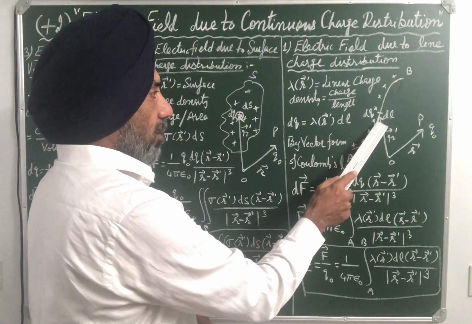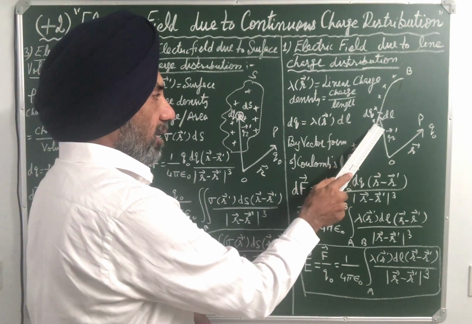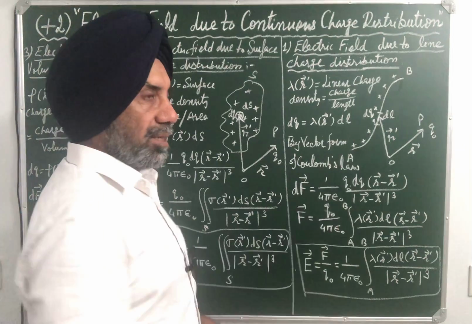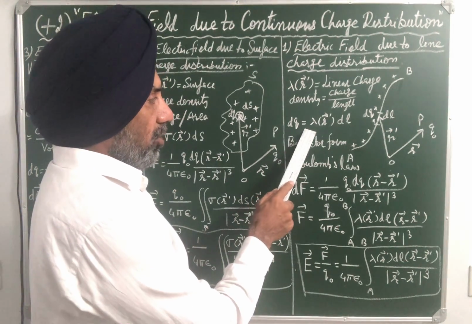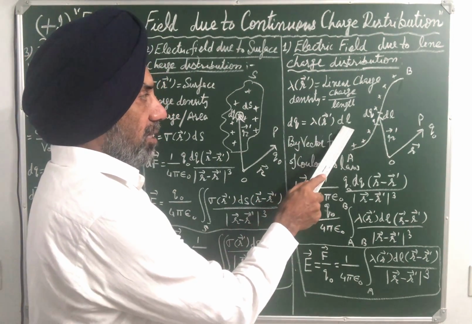Then the small amount of charge on the small element of length dl is given by dq is equal to lambda r dash dl.